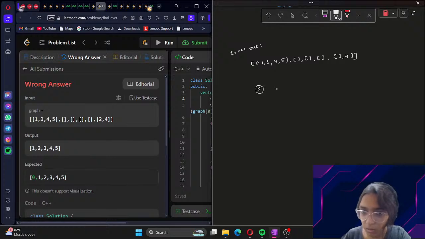Node 0, node 1, node 2, node 3, node 4, node 5.